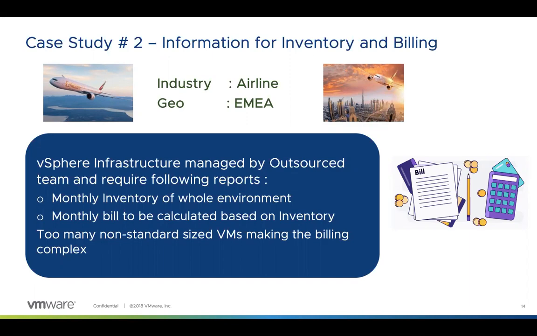So that makes the billing more complex. So this is where we wanted to use vROps. By the way, we are not using the cost showback feature of vROps for this. We are just using the count of VMs and the size of VMs, and then using a specific value to multiply it with to get an actual cost.